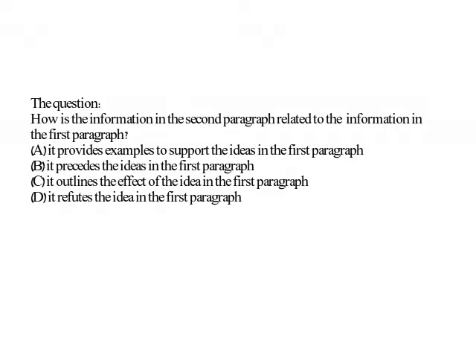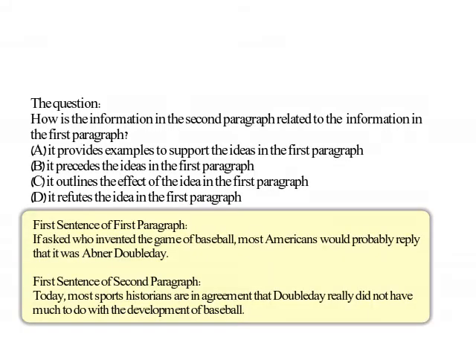So how to answer this? To answer this question, it's important to look at the main idea of each of the 2 paragraphs, right? The main idea of the first paragraph is found in its first sentence. It says, most people believe that Abner Doubleday invented the game of baseball. And the main idea of the second paragraph is found in its first line.